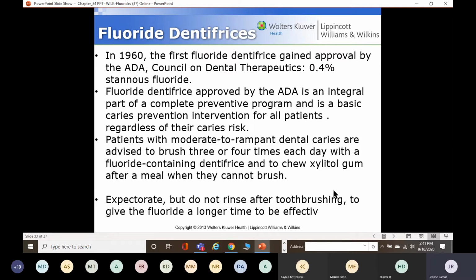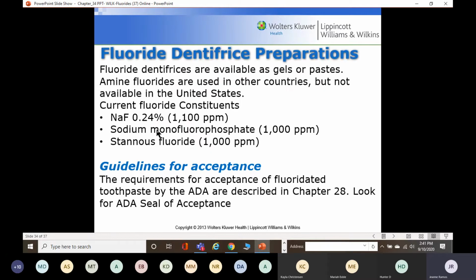Patients with moderate to rampant dental caries are advised to brush 3 or 4 times each day with a fluoride-containing dentifrice and to chew xylitol gum after a meal when they cannot brush. Xylitol gum is really good for helping with dry mouth, so they can have more saliva. Expectorate, but do not rinse after brushing, to give the fluoride a longer time to be effective.